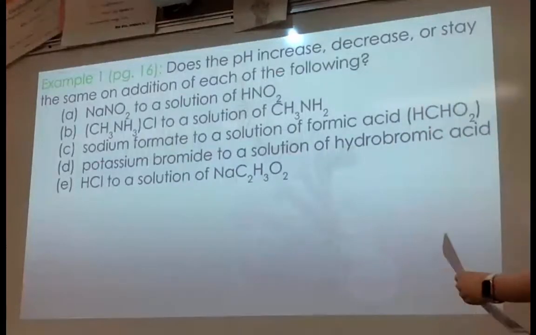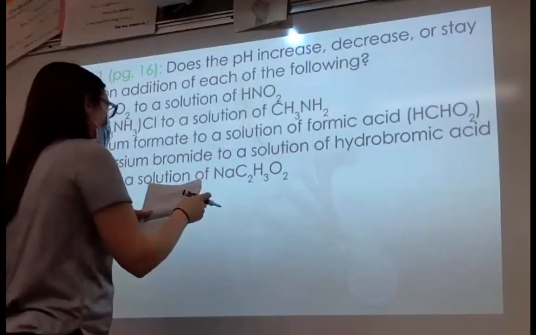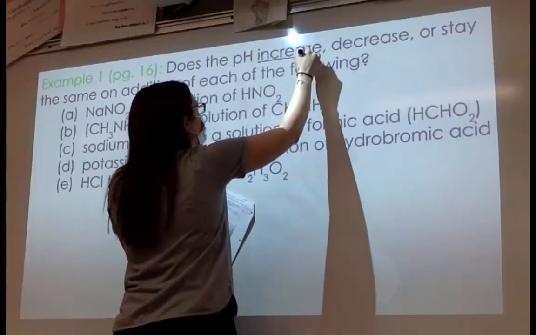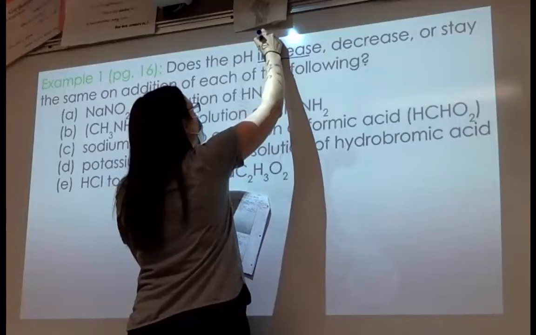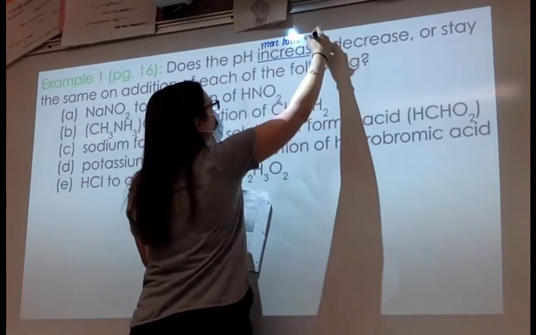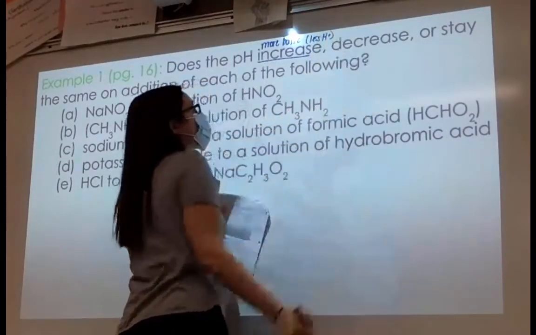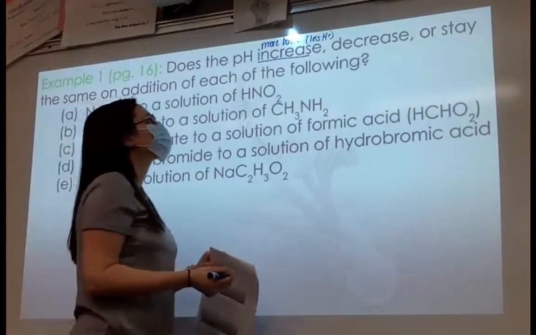So let's think about what this means when it's asking about pH. Does the pH increase? If the pH is going up, it's becoming more basic. More basic actually means less H+. More basic, more OH minus, less H+.